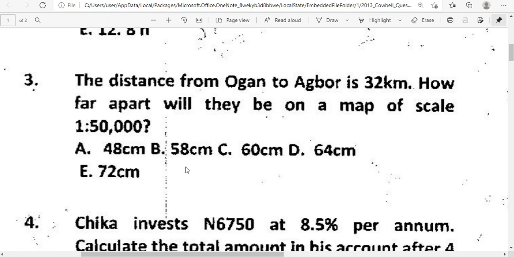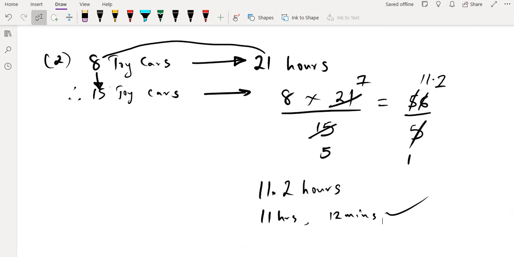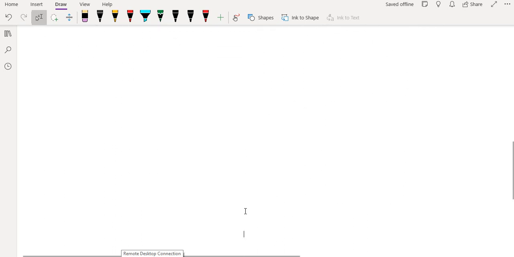Okay, read everybody. The distance from Ogan to Akbar is 32 kilometers. How far apart will they be on the scale? It's 1 to 50,000.